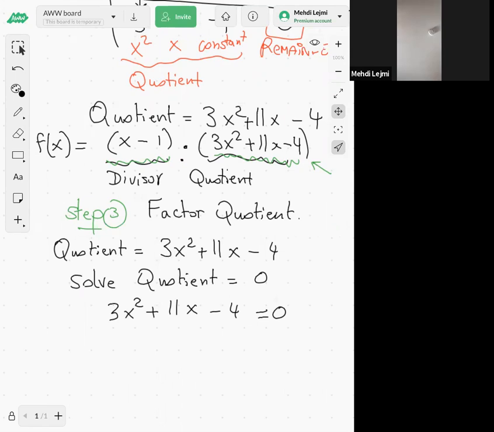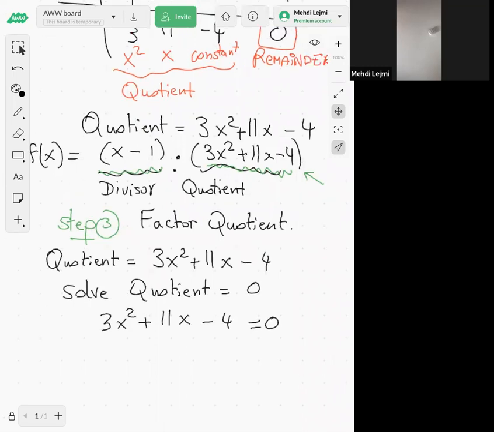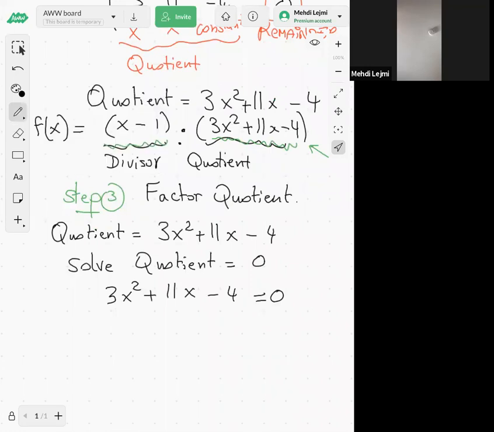If you know another way to factor quadratic functions, then that's fine. It's up to you, whichever you are familiar with, right?